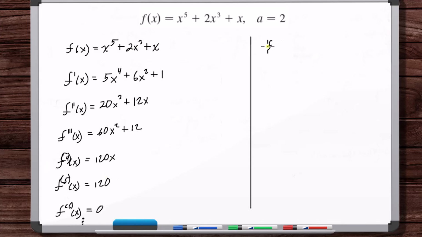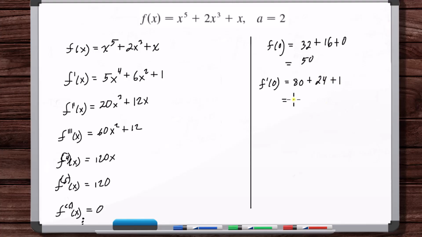Okay, so let's see. f of 2, 2 to the 5th is 32, plus 2 cubed is 8. So 42, then it's 50. f prime, okay, 2 to the 4th is 16. 16 times 5 is 80. Okay, 6 times 4 is 24.